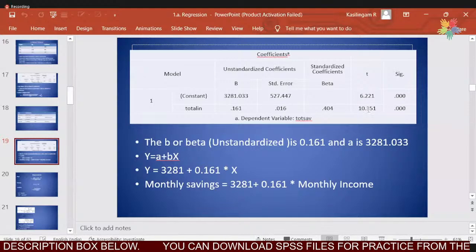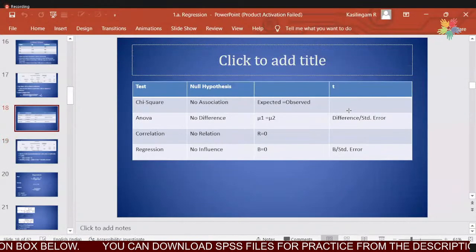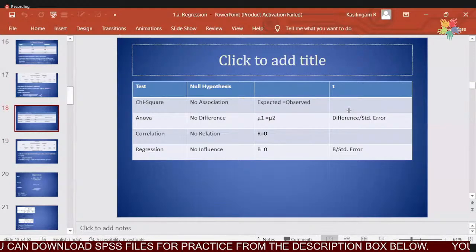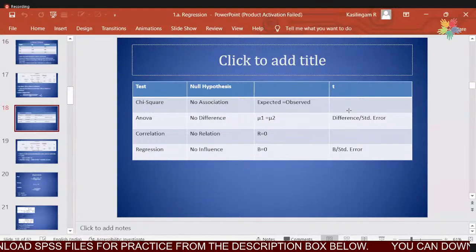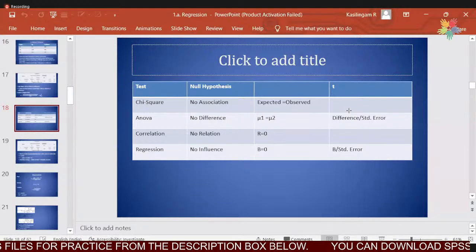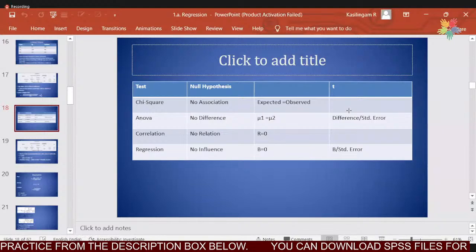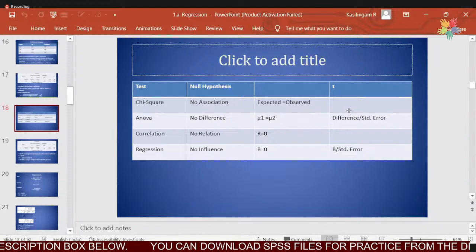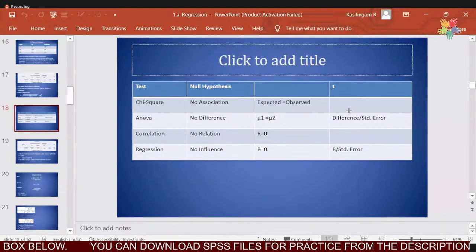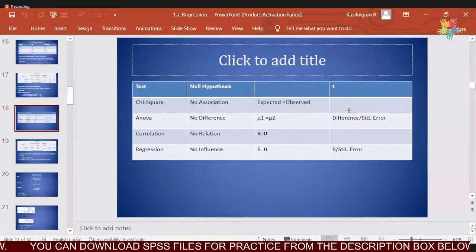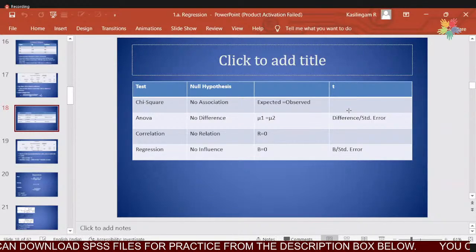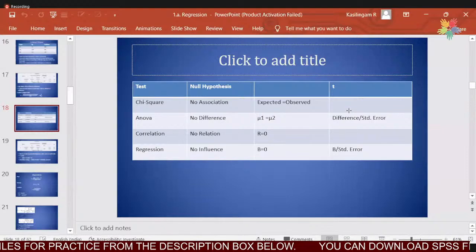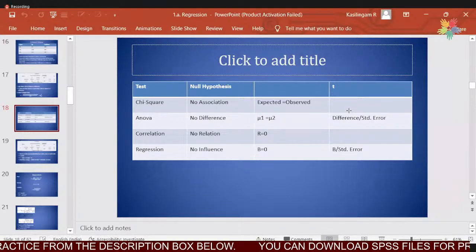Now, we have written the null hypothesis. How do we write the null hypothesis statistically? In the independent sample t-test, we say there is no difference between one mean and another mean. Both are equal, so the difference is zero.